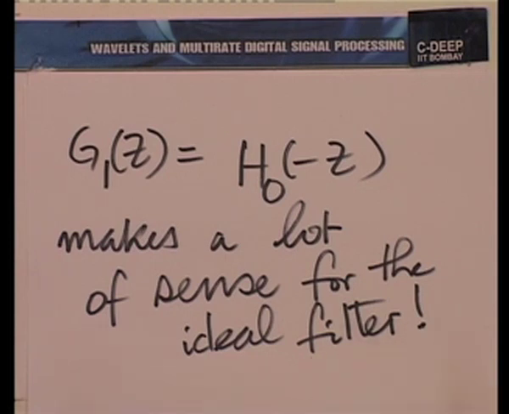And you know, if you look back at the other one of the two, namely G0, you would make a similar inference. G0(z) is H1(-z) with a minus sign. So, if you look at the magnitude sense, again a high pass filter would become a low pass filter. In fact, I leave this to you as an exercise.